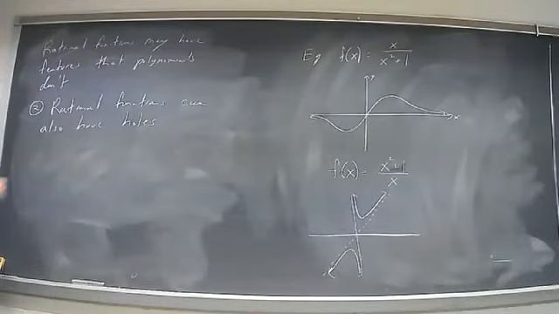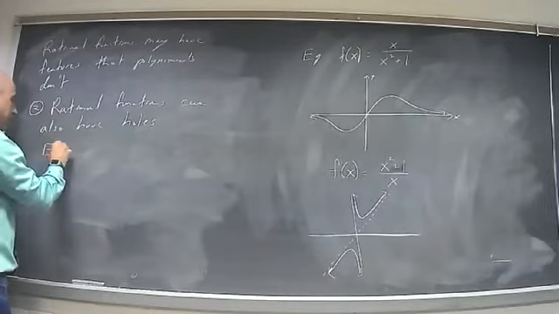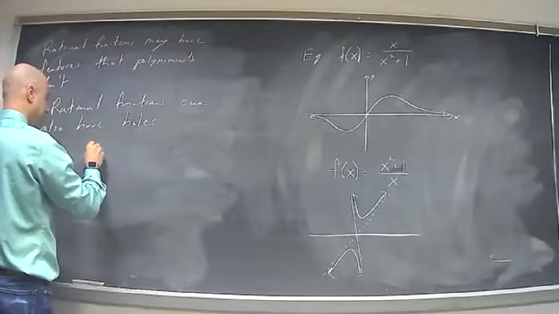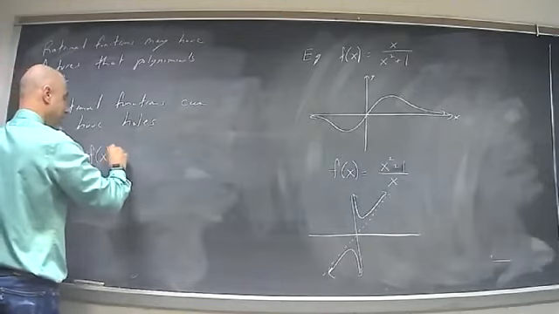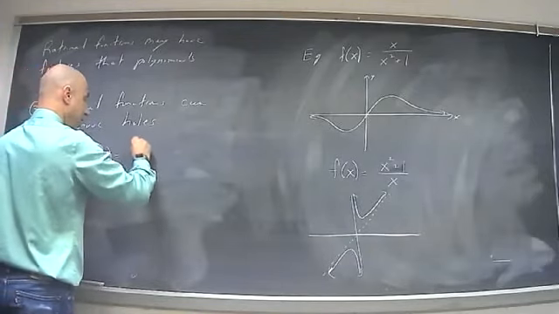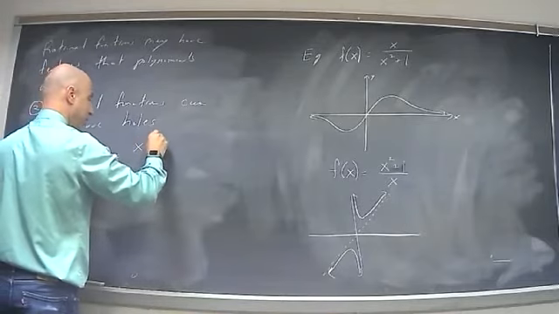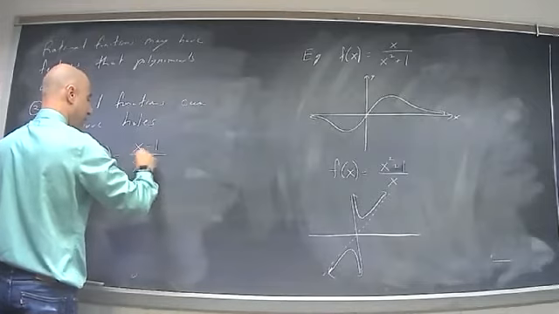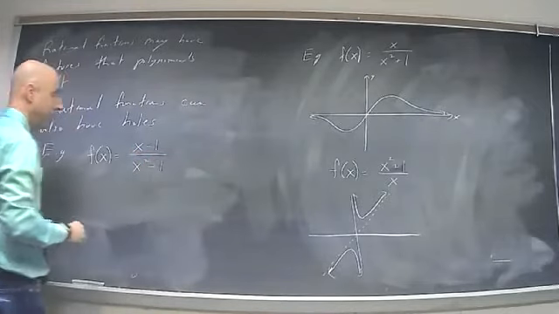So for instance, let's say I have f of x equals x minus 1 over x squared minus 1.